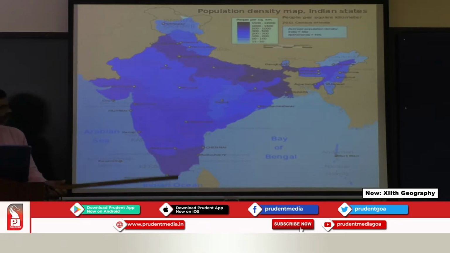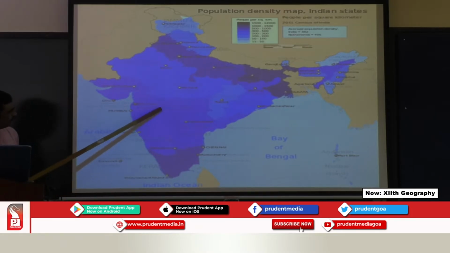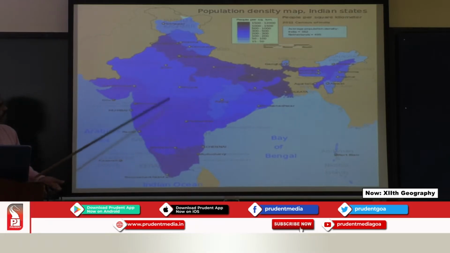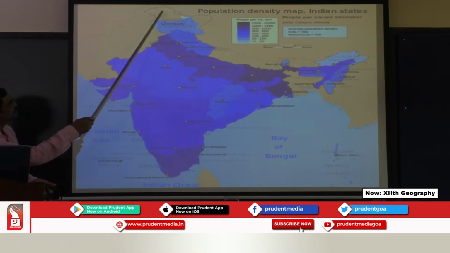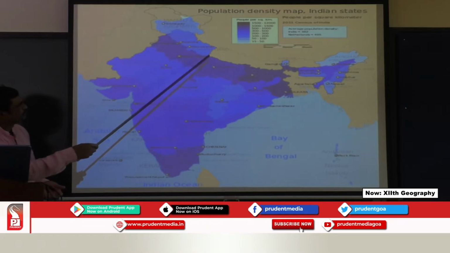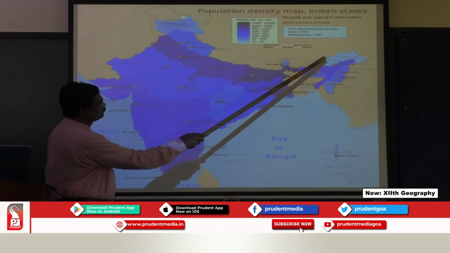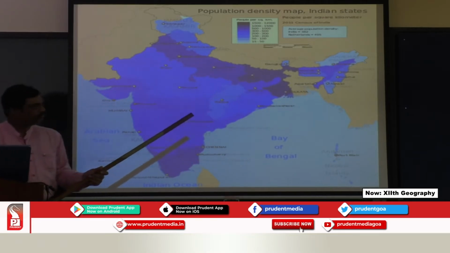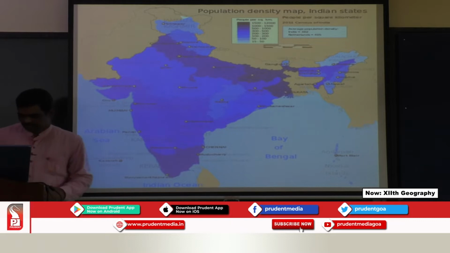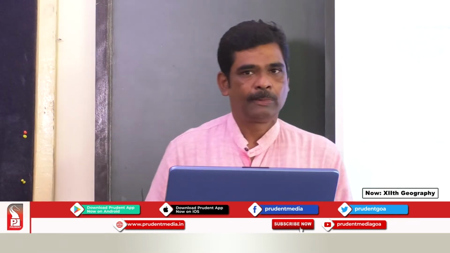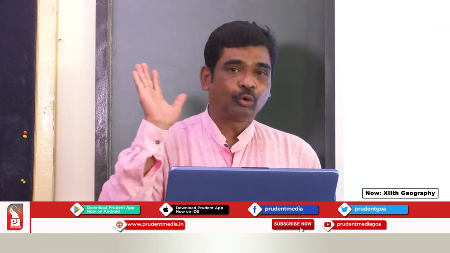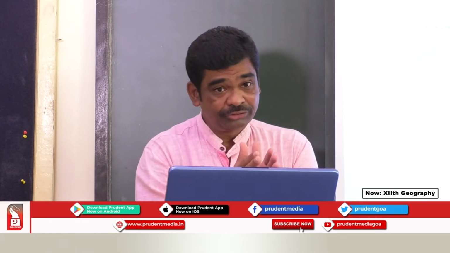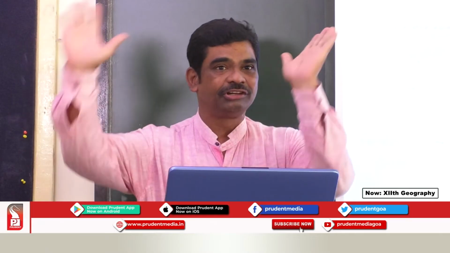Then moderate density, you can see the moderate blue color here, and low density patches here: Jammu and Kashmir, including Ladakh, Himachal Pradesh, and here Arunachal Pradesh, northeastern states have low density of population. So this shows unequal development of economy. Population density and economy both are interrelated.